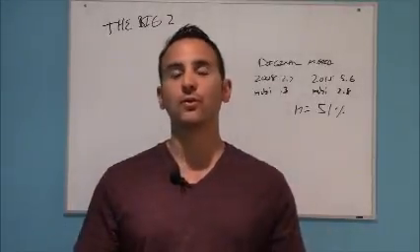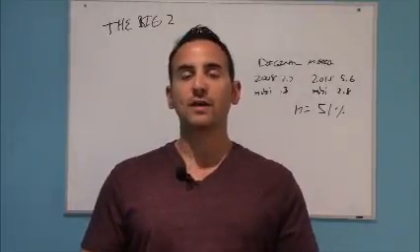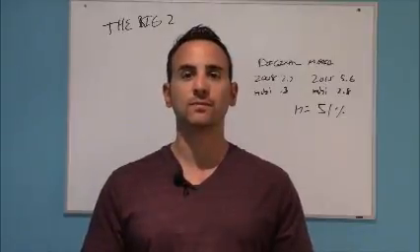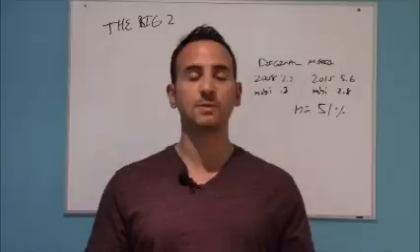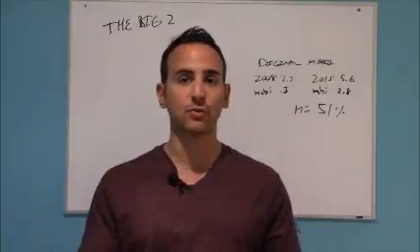So what are the big two? Number one is traffic, and number two is conversion. Traffic and conversion. The reason traffic is first is because without traffic, you really have no conversion.